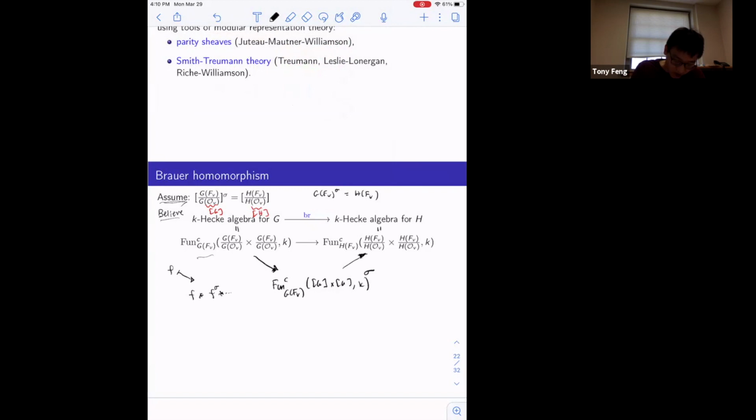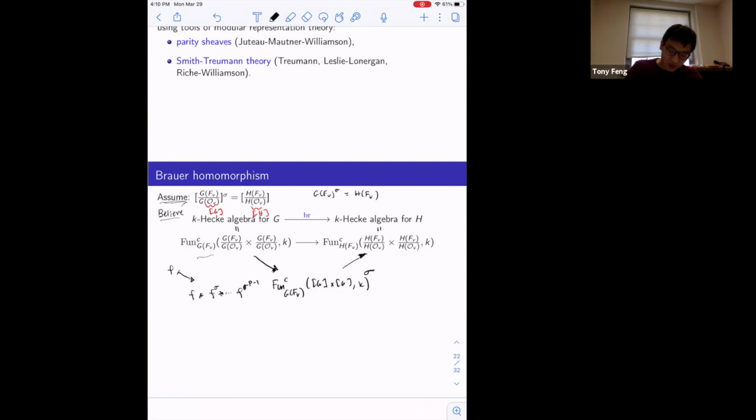It just convolves f with its own translates under the group action, and that obviously produces something invariant. The fact that this first map is multiplicative is obvious. The fact that it's additive is non-obvious, and it's only true because we're in characteristic p, for a similar reason that the Frobenius is additive in characteristic p. So it's something which exists for any commutative ring with a sigma action in characteristic p.